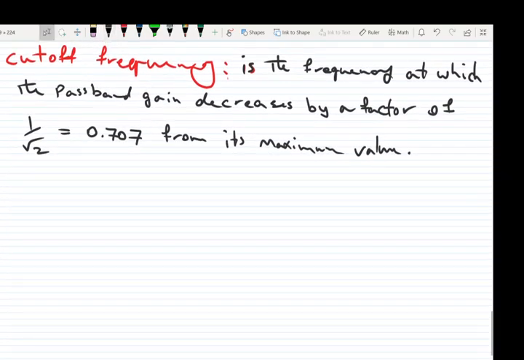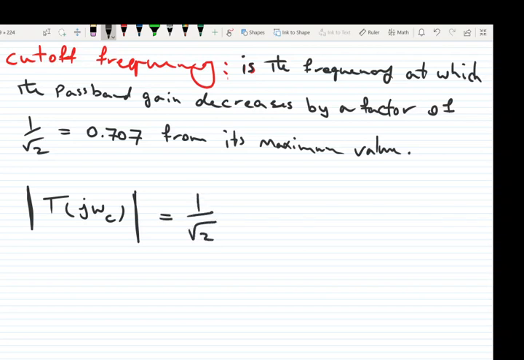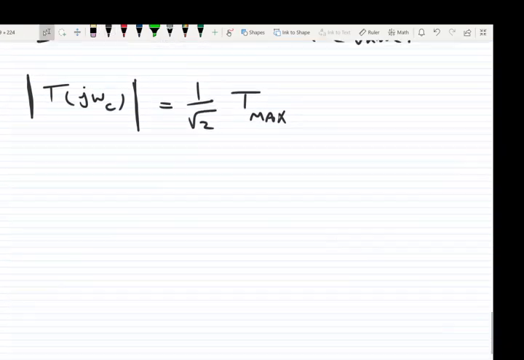So the gain at the cutoff frequency, T of j omega c, where c stands for cutoff frequency, should be equal to 1 over square root of 2 of T max, where T max is the maximum gain in the passband.